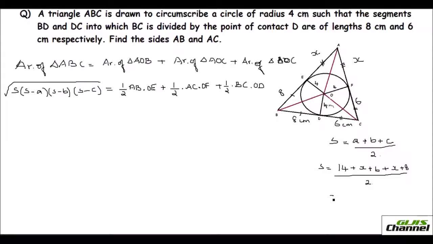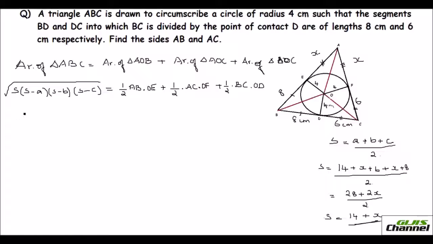That gives 14 plus 6 is 20, 20 plus 8 is 28, so 28 plus 2x, divided by 2. Divide the 28 by 2, it's 14, plus 2x divided by 2 is x. So you got your S as 14 plus x.